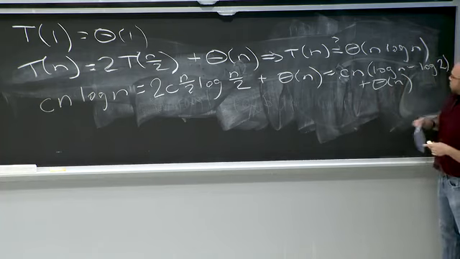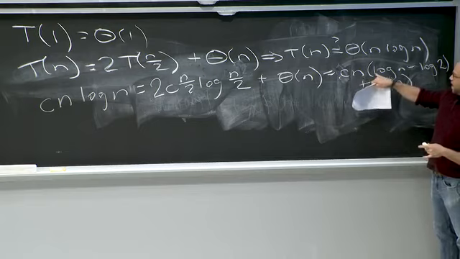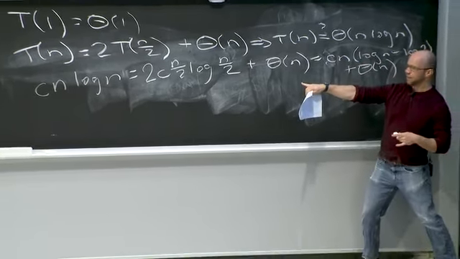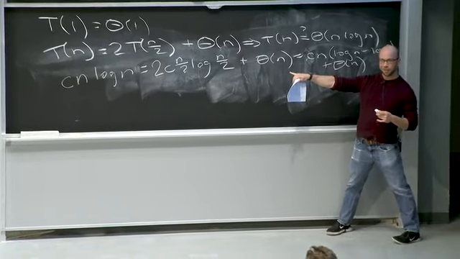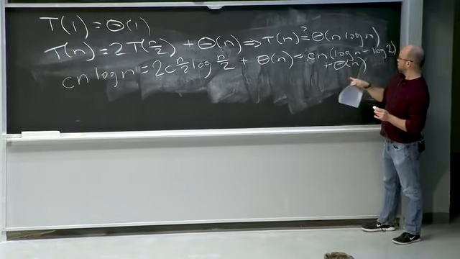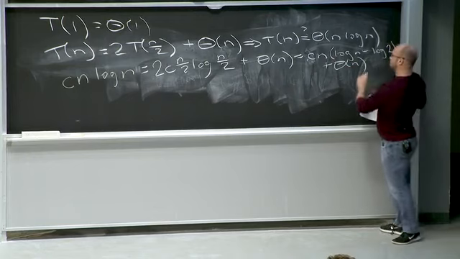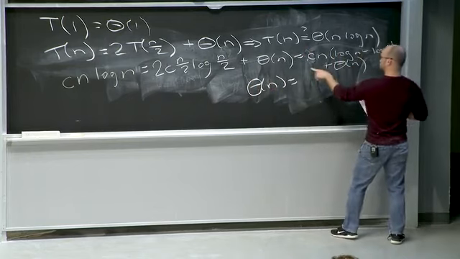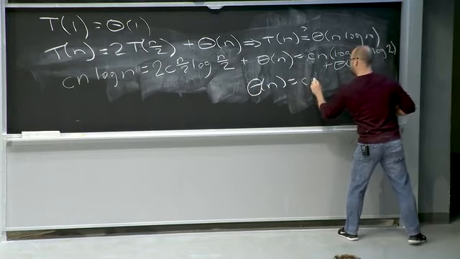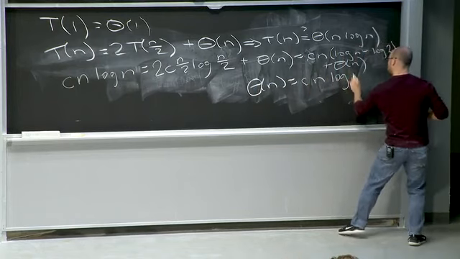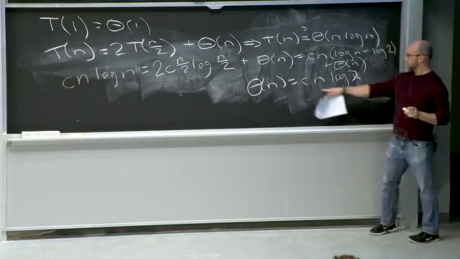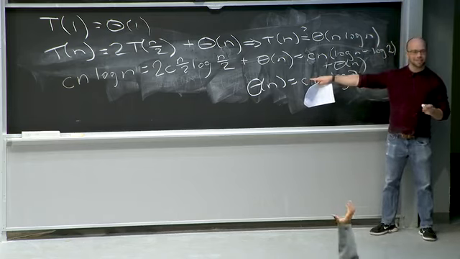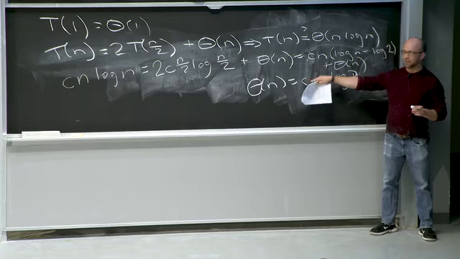I'm already out of time, but notice that there's a c n log n on the right-hand side. There's a c n log n on the left-hand side. So those 2 things go away. And what am I going to be left with? I'm going to be left with theta of n equals c n log of 2. Notice that c and log 2 are both constants. We have a theta of n on the left-hand side, so there's order in the universe, and we've derived our runtime.